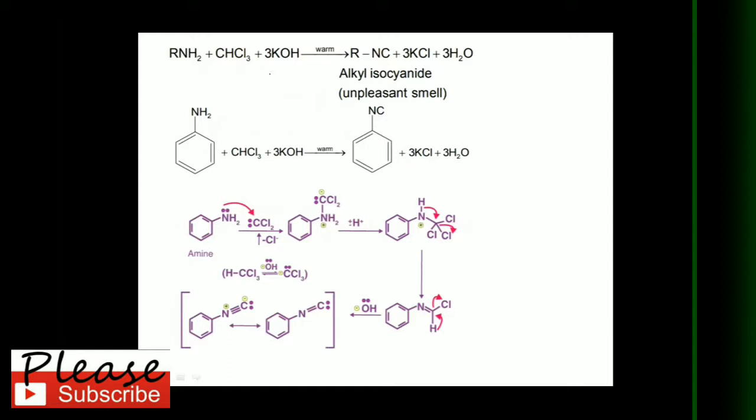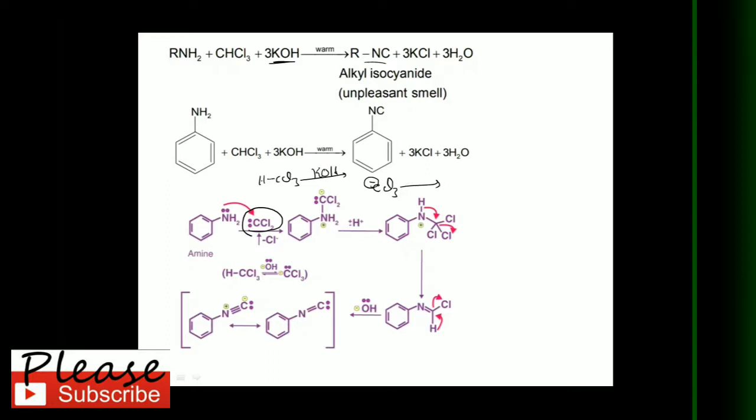Okay, so this is the overall reaction of the carbylamine test. Your primary amine with 3 moles of KOH on heating gives an alkyl isocyanide, an unpleasant smelling compound. Okay, so in this case, what is the reaction intermediate? Dichlorocarbene is the reaction intermediate. This is formed from CHCl3. By reacting with KOH, H plus is removed, giving CCl3 minus. Now from this CCl3 minus, one Cl minus is removed.